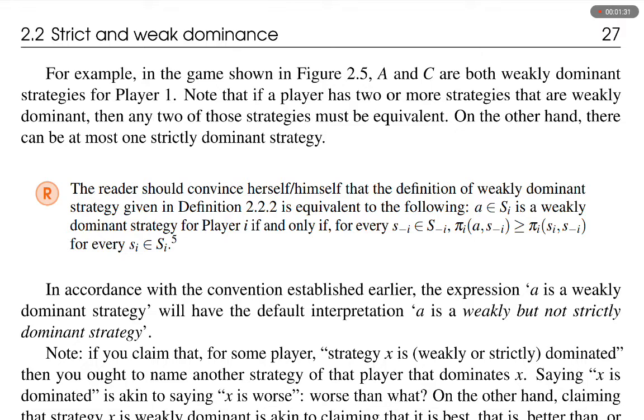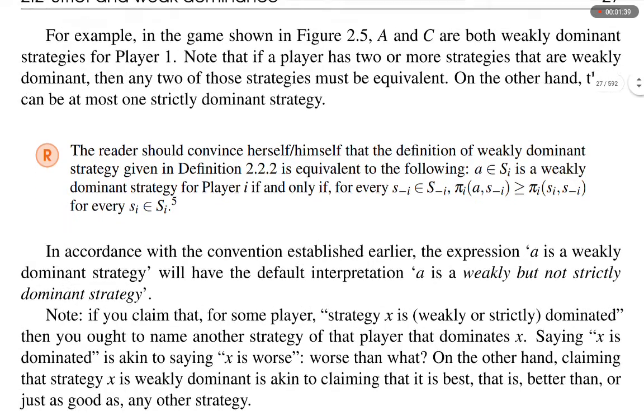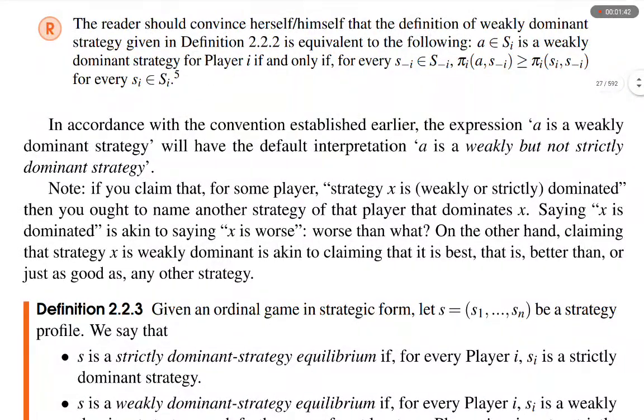a, an element of S_i, is a weakly dominant strategy for player i if and only if for every s_{-i} in S_{-i}, pi_i(a, s_{-i}) is greater than or equal to pi_i(s_i, s_{-i}), for every s_i in S_i.